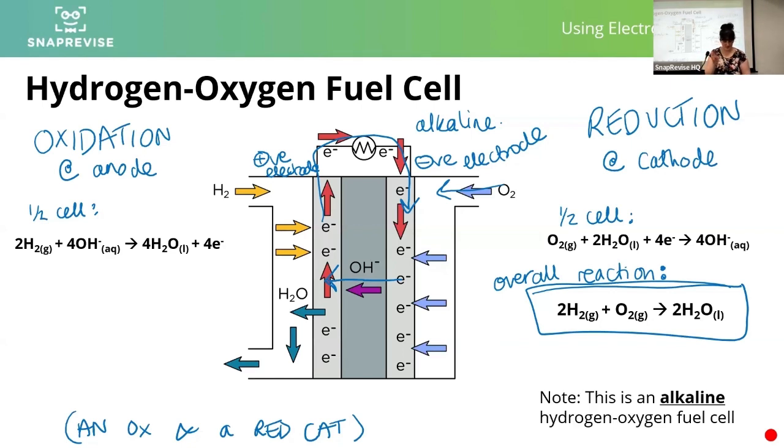Okay, so in this case, I've already said that this is an alkaline oxygen fuel cell. I am just going to make sure those are linked together. There we go.